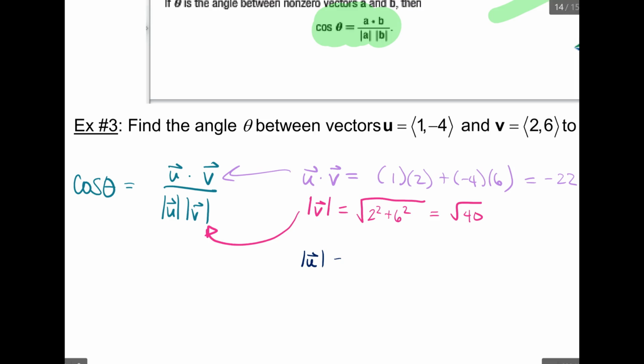Alright, so let's find the magnitude of u. The square root of 1 squared plus negative 4 squared, so that's the square root of 17. So that's what goes right here. I found each piece independently.